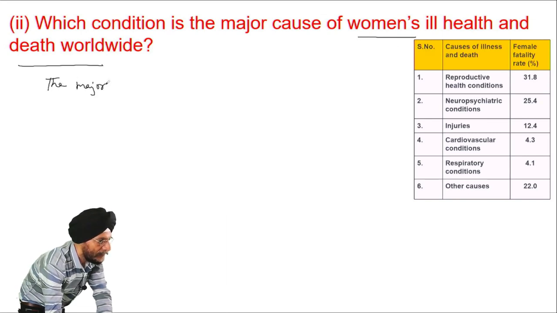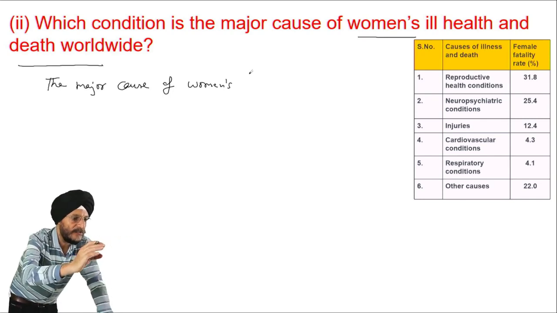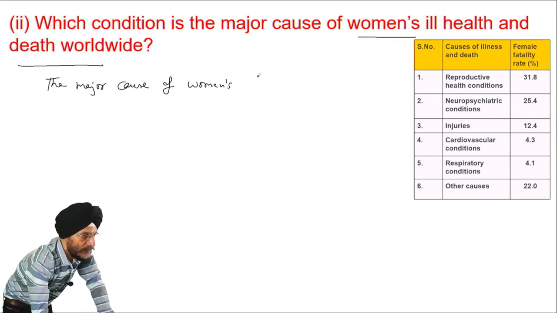So we come back to the question: which condition is the major cause of women's ill health? What is written in the question, we have to take the answer from that.